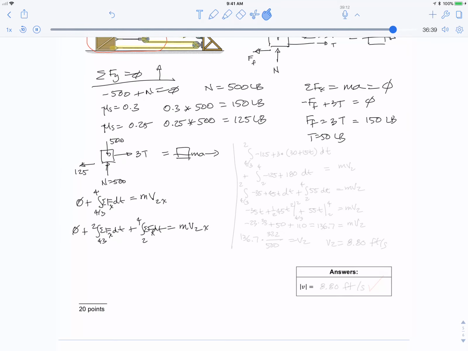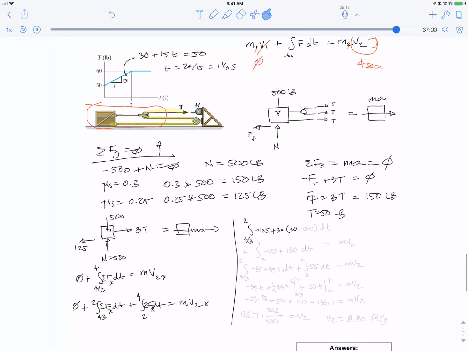So let's do the integral. 0 plus, let's make a line here, the integral from 4/3 to 2 of all the x forces. So you have the friction of minus 125 plus 3 times the tension. And the tension force was, for the linear part, 30 plus 15t.